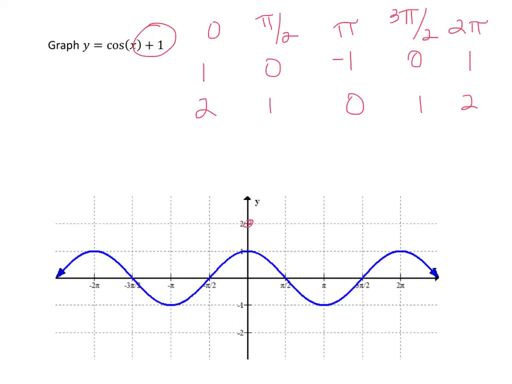So you have 2, 1, 0, 1, 2, and you move backwards the same way. And you should notice that the pink graph is simply this blue one shifted up.